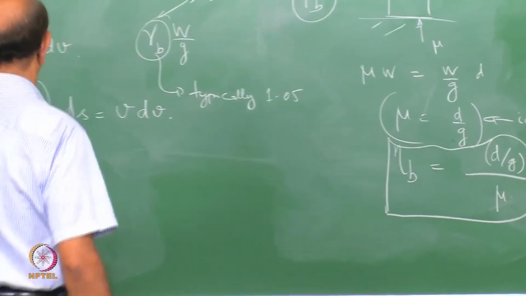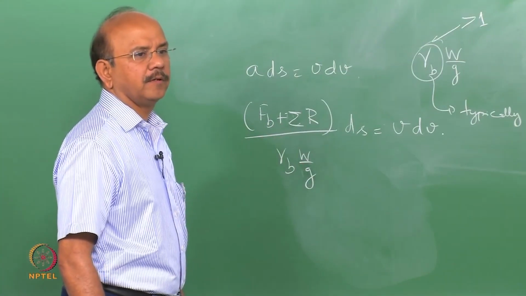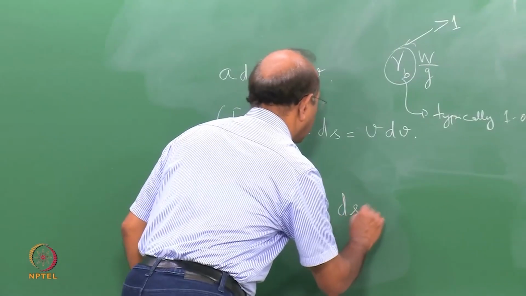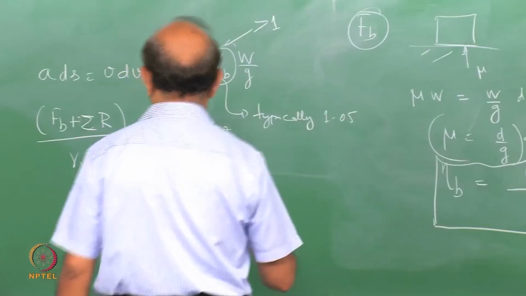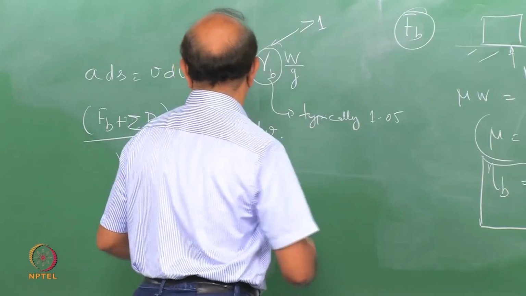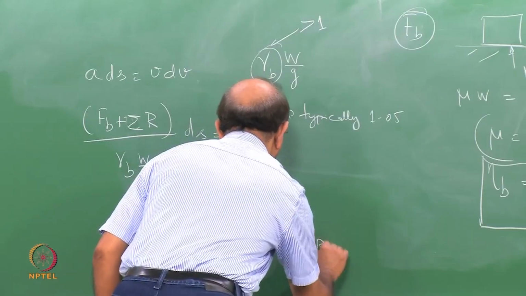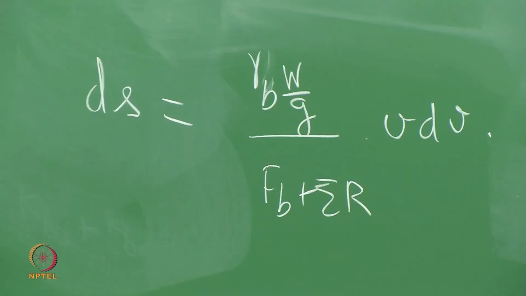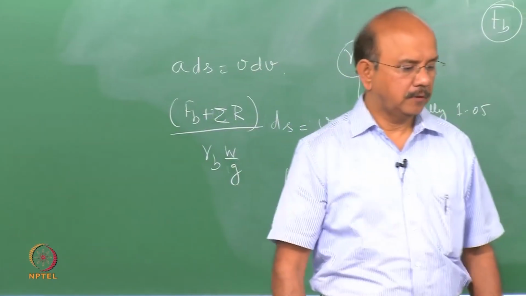Now, this would have been very simple, but for the fact that there is a term in R which depends upon V. So, what I am going to simply do is to take this to the right hand side, rearrange it and write it as gamma B W by g, divided by Fb plus sigma r, into V dV, and then integrate the left hand side and the right hand side.